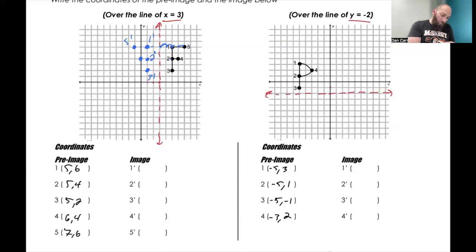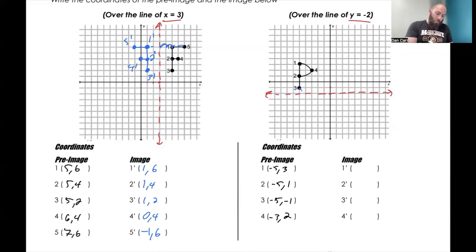And then finally, 4 prime is right here. Okay. And then now I have my image points, which are (1, 6), (1, 4), (1, 2), (0, 4), and (-1, 6). Okay. For the other one, y equals -2, we're going to reflect over that horizontal line.